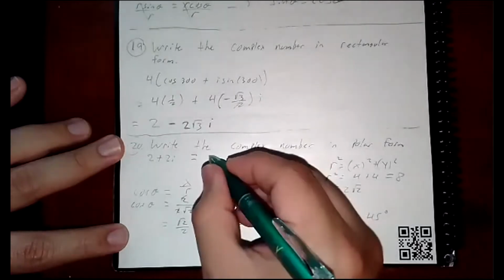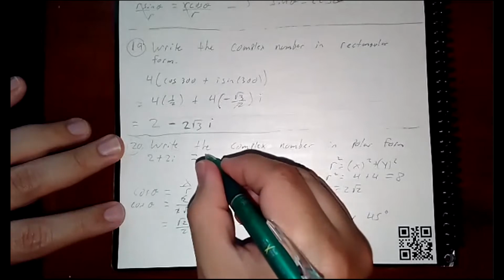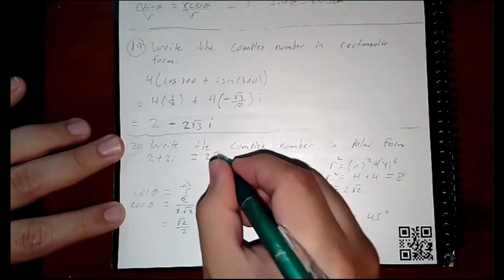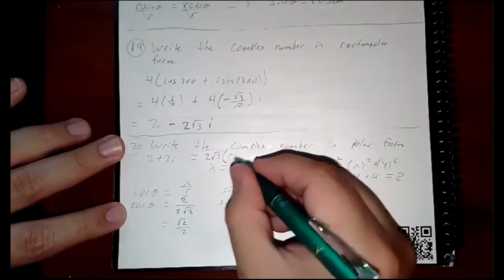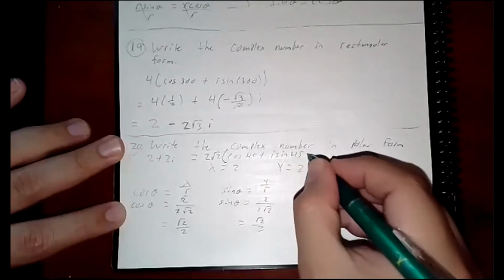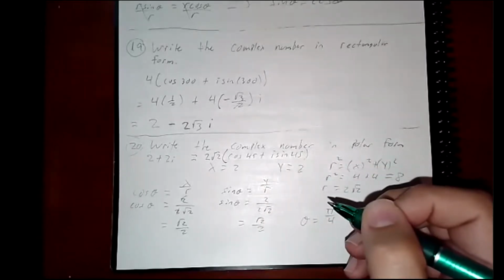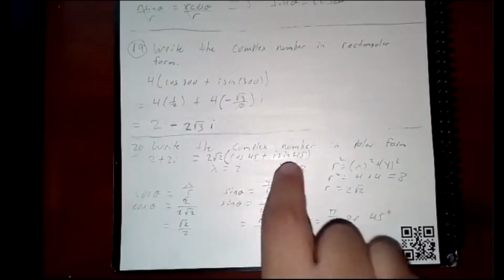So the answer would be 2 root 2 times cosine 45 plus I sine 45, using our formula. That was the z formula, by the way. You remember the r cosine plus I sine, right?